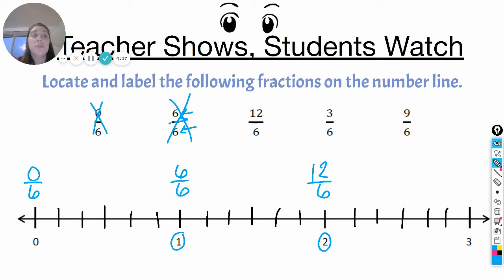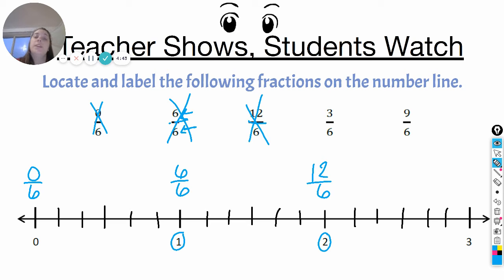So 12 sixths is really 2 wholes. If we go back to our trick and think about this as 12 divided by 6, we count by 6s till we get to 12. 6, 12. It took us 2 times. So 12 sixths is really like 2 wholes.